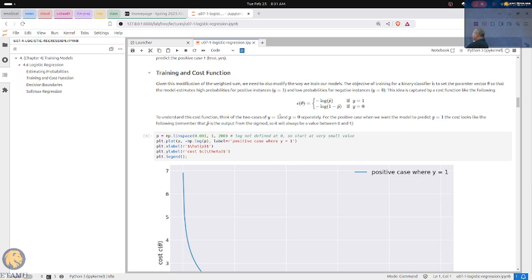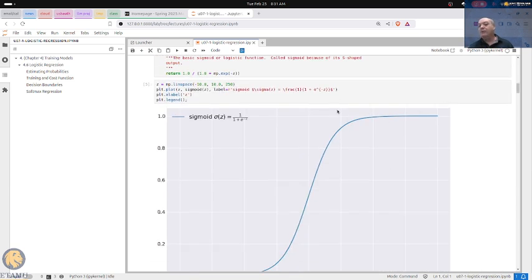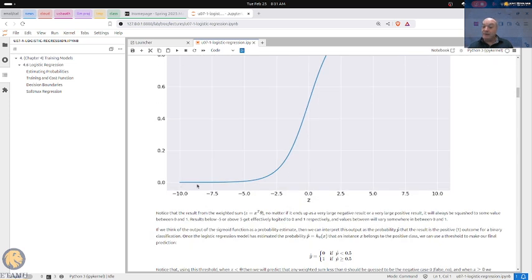So for the cost function, what we want is that if the label is a 1, we want the cost to be really low if we're predicting a 1. So anytime we're over here and our label is a 1, we want the cost to be 0 or low. But if the label is a 1 and we're predicting over here, for whatever values our theta are, we want the cost to be high.